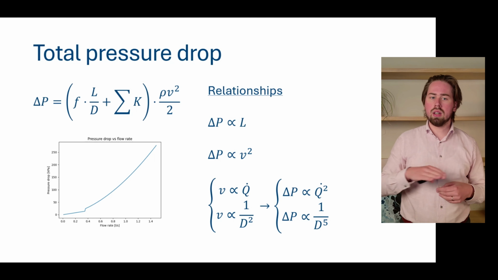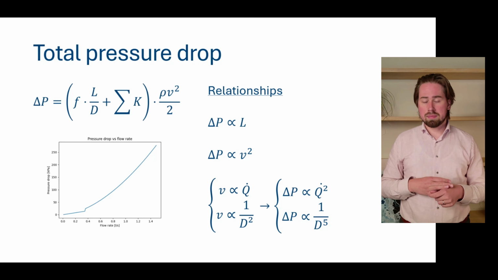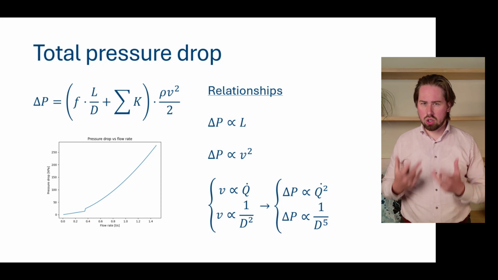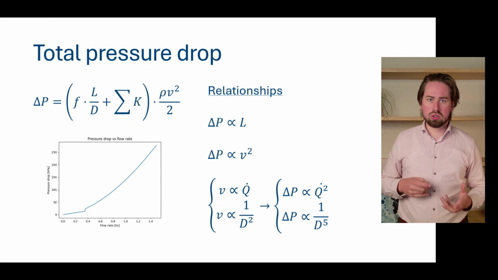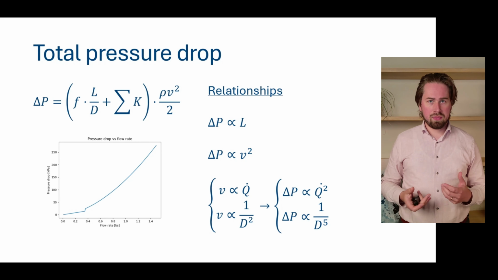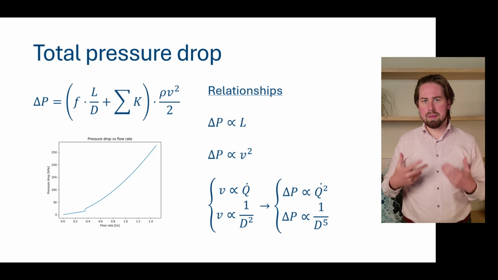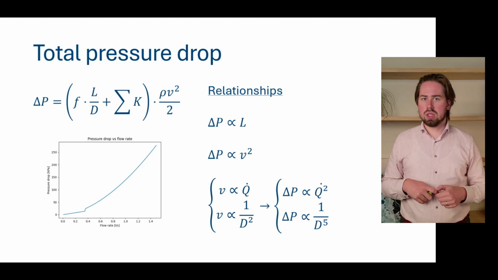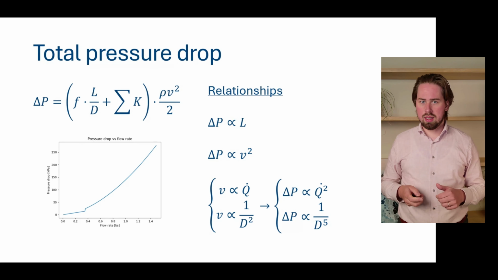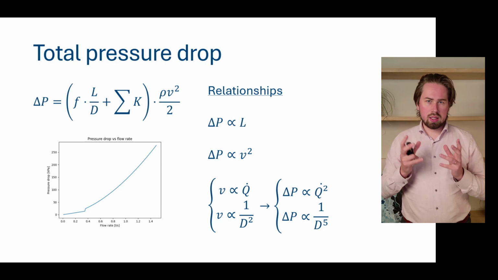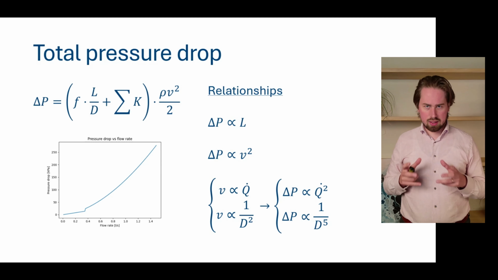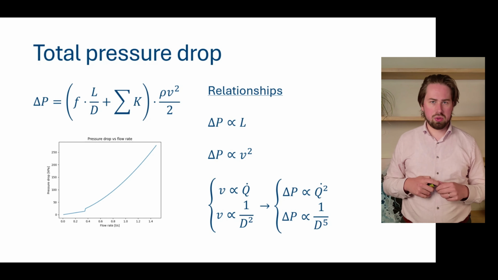This is the typical quadratic shape. And we also see a very strong relationship between our pressure drop and our pipe diameter. We see that the pressure drop is inversely proportional to the diameter to the fifth power, which is a very strong relationship indeed. Now, with this freshened up, let us take a look at this question, single versus W tube.